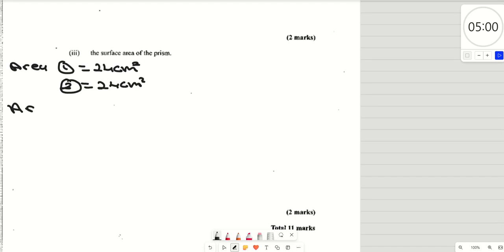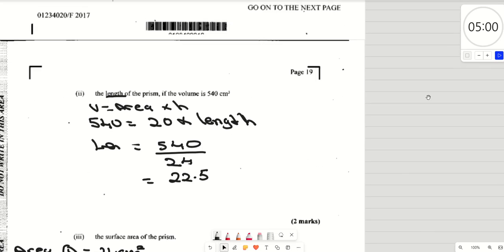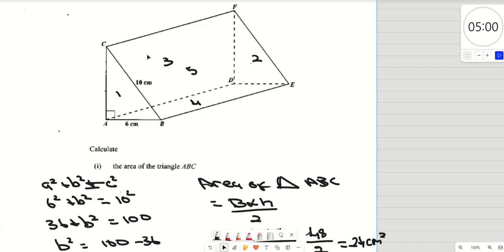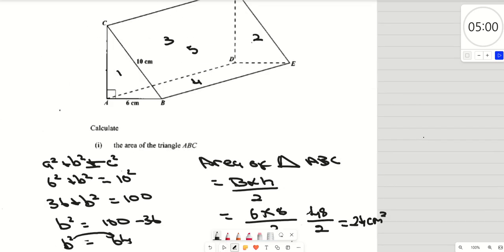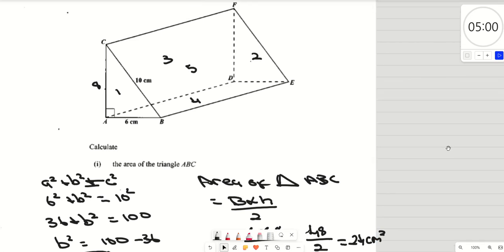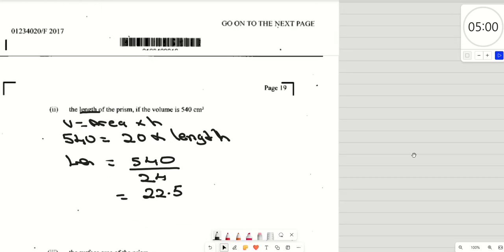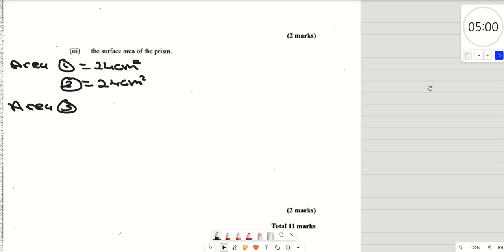The area of 3, now we need to look at 3 and see what it is. I call 3 this one in the back here. We know that the height is 22.5, but we have to use this length here. And what was that length? That was 8. So the area of 3 would be length times breadth, which is 22.5 times 8.